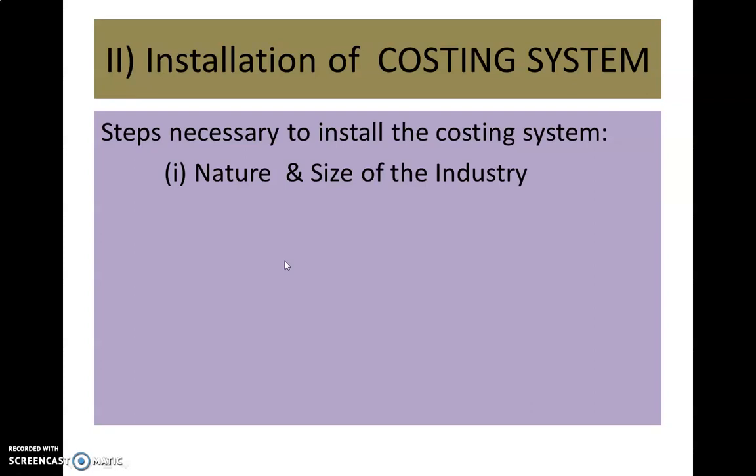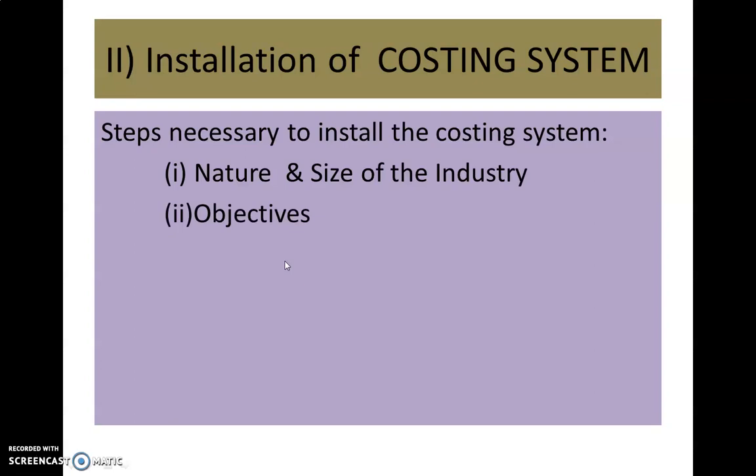Suppose the size of the concern is very big, they can have their own cost accounting department and a separate set of books called financial accounts and cost accounts. But this is not possible if the size of the industry is very small, they can follow the integrated system which combines both costing as well as financial accounts. So, nature and size of the industry is very important.